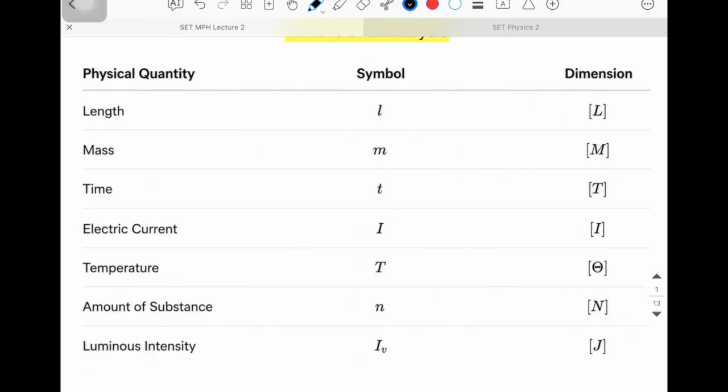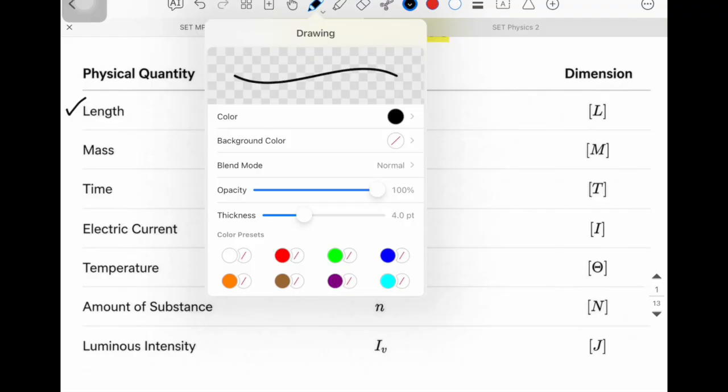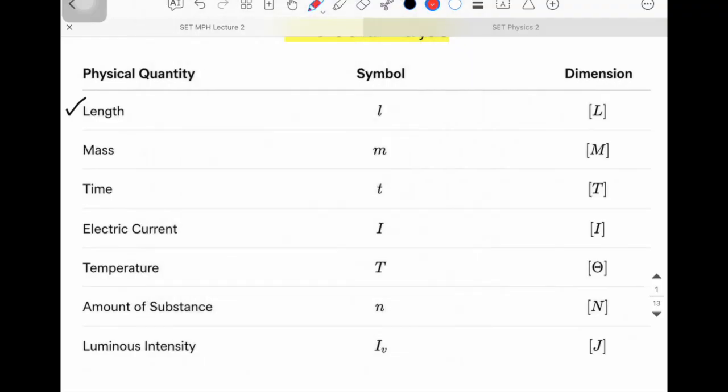There are 7 fundamental physical quantities, of which the first is length. The symbol, usually a small l, is not important for us. The dimension is important. The dimension of length is represented by a capital L in a square bracket. Whenever we write a dimension, we always write the letter in a square bracket.